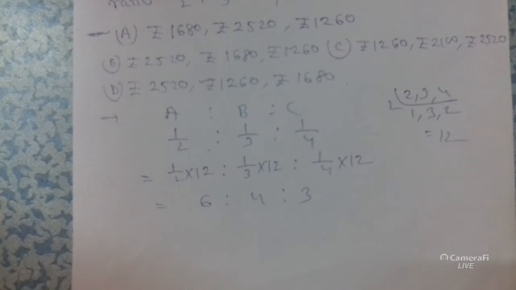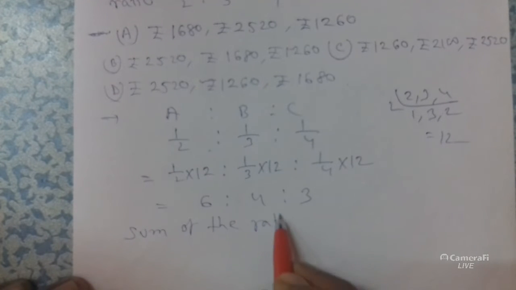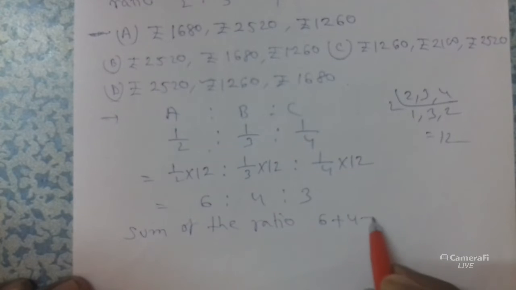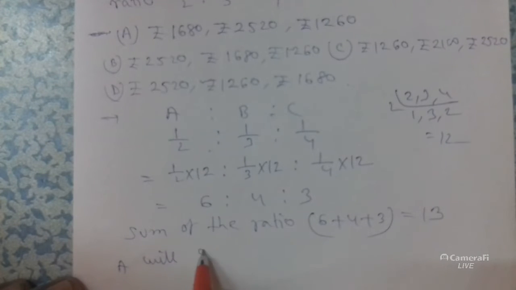Now rupees 5460 we have to divide among A, B, C. So here the sum of the ratio, 6 plus 4 plus 3 is equal to 13. So A has 6 parts, so A will get rupees 5460 into 6 by 13.